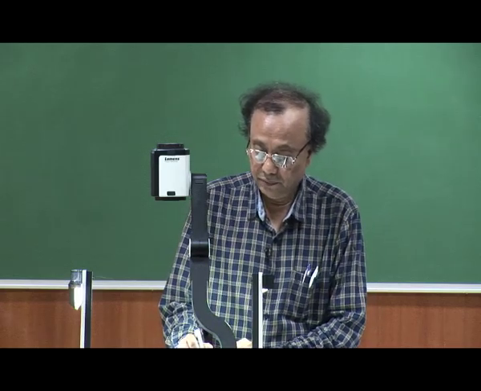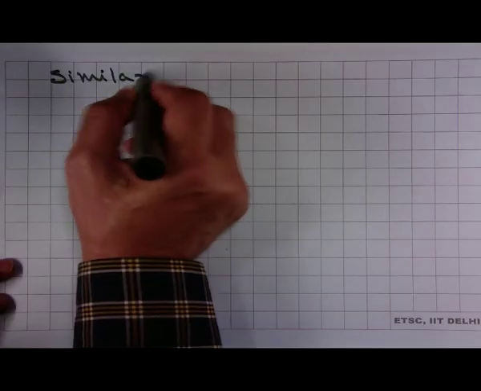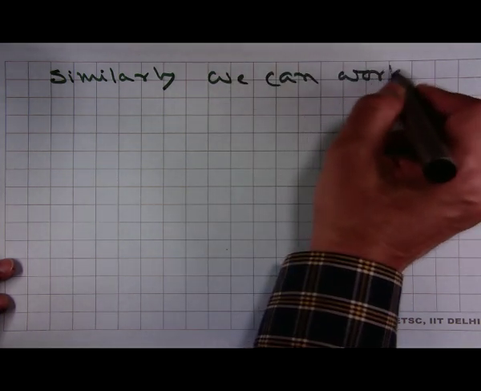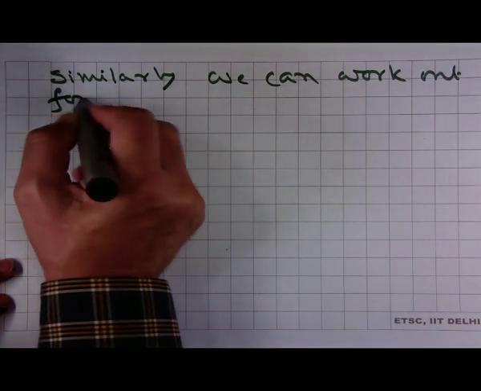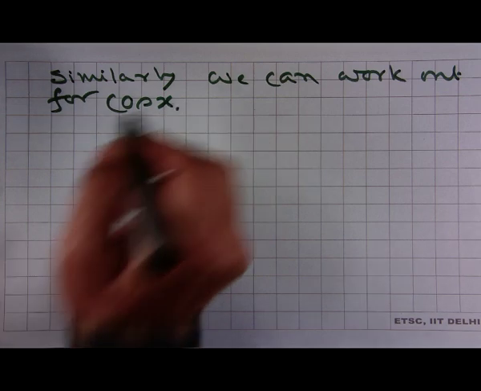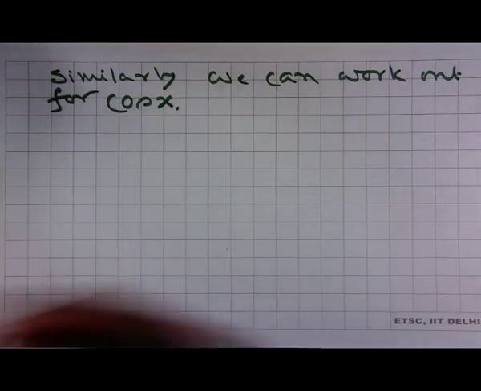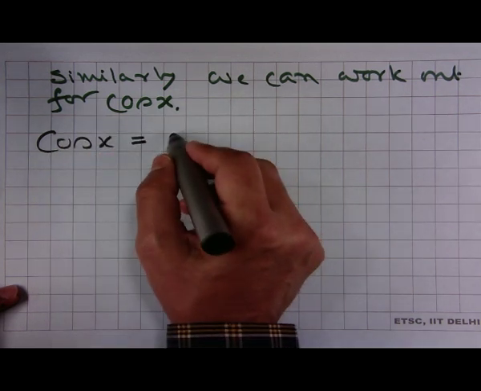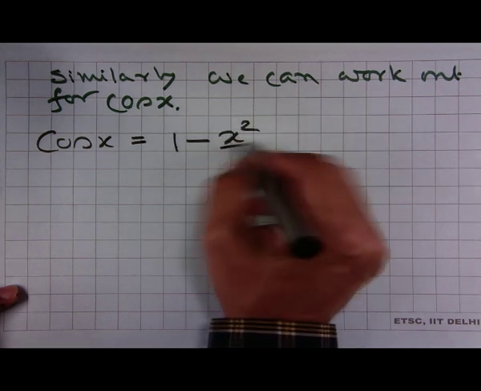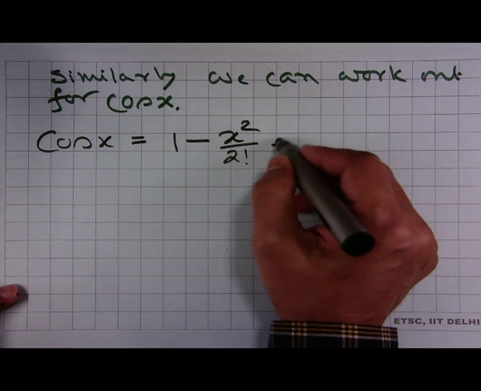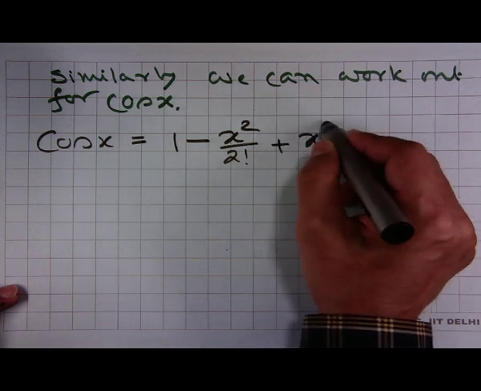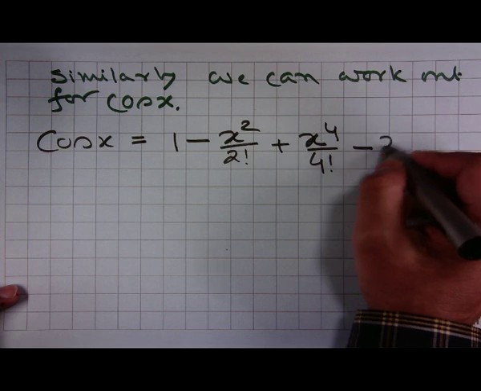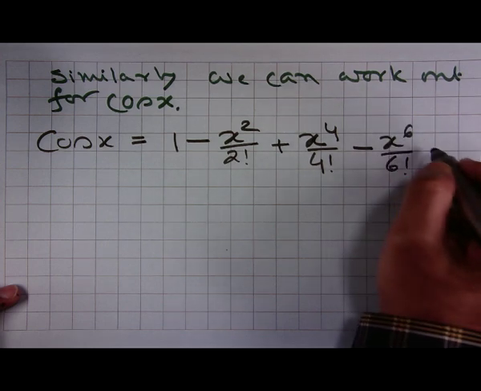Similarly, we can work out for cos x, and I would like you to verify that cos x is equal to 1 minus x square upon factorial 2 plus x to the power 4 upon factorial 4 minus x to the power 6 upon factorial 6, like that.